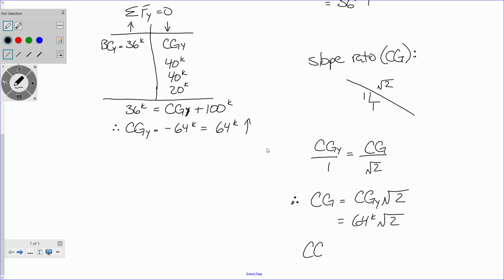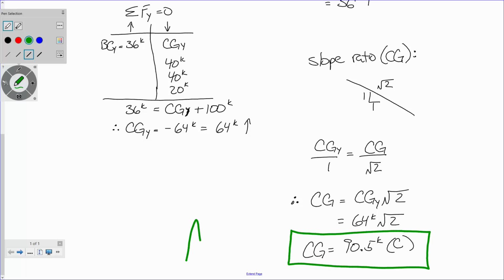And what is that? 90.5 kips. And is that tension or compression? Compression. Yeah, we've already made that observation, that based on the fact that our answer came out negative, we just know it's in compression.